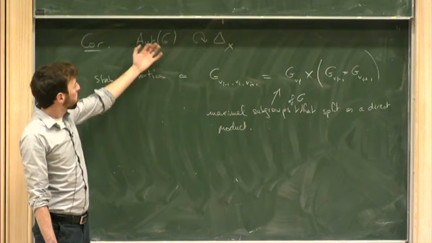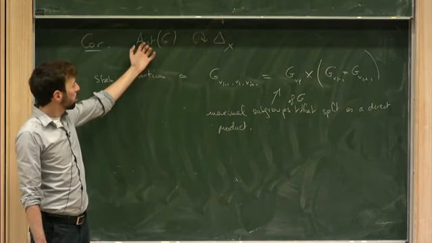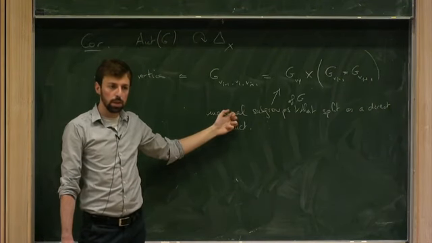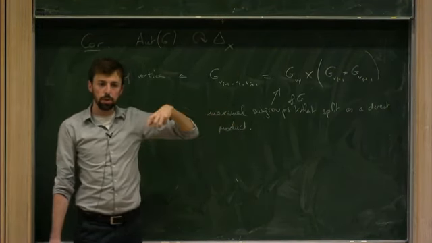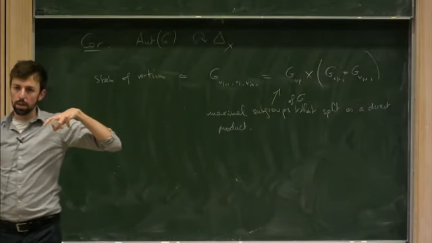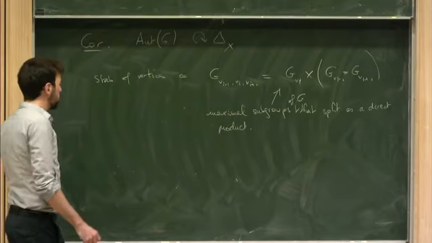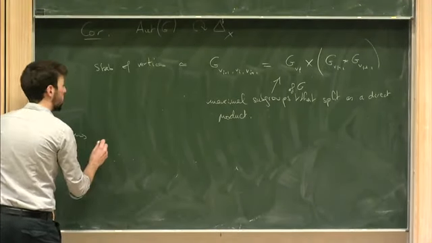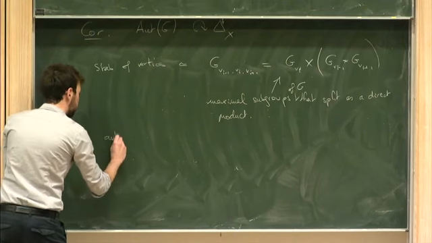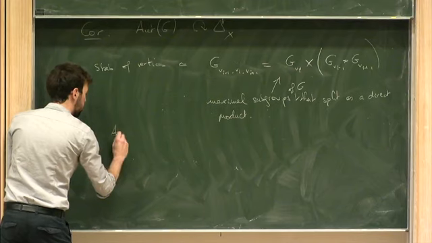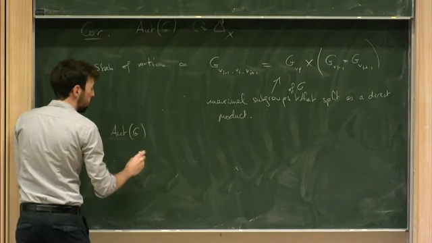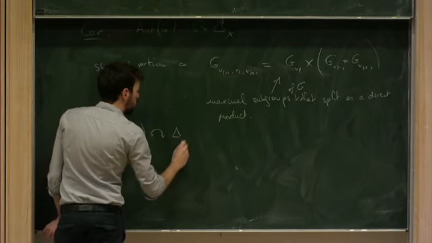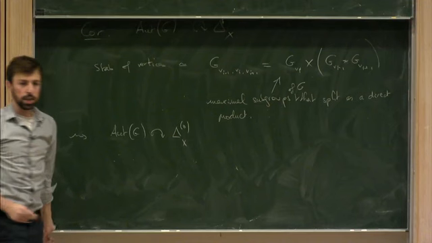An automorphism of the graph product has to take a maximal subgroup that splits to a maximal subgroup that splits. So we see already, just from this characterization of stabilizers of vertices, that the automorphism group of G acts on the vertices of delta x.